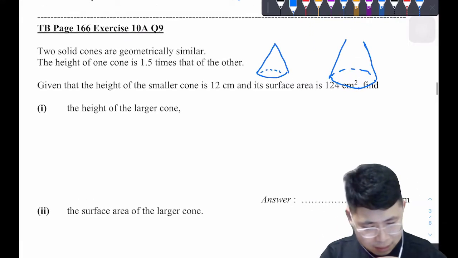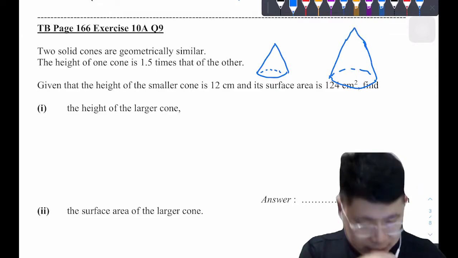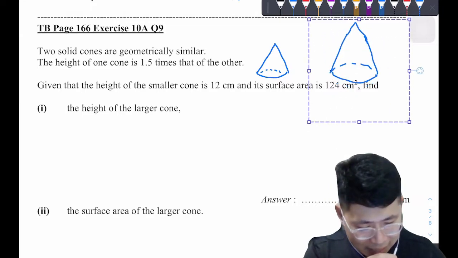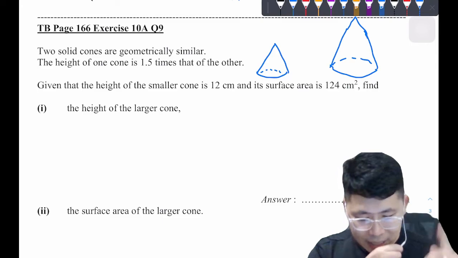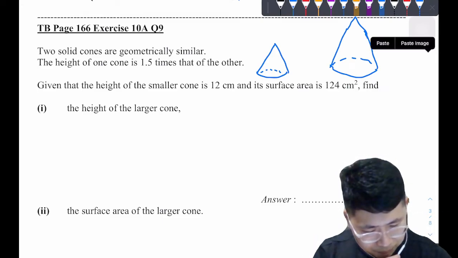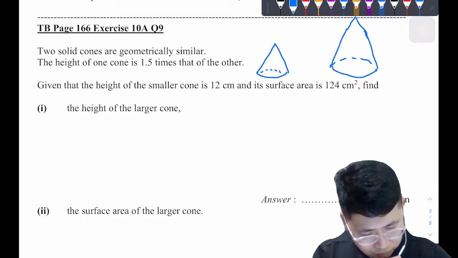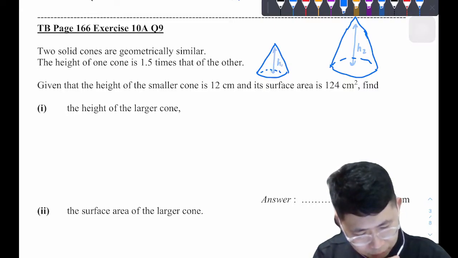Just imagine that they are geometrically similar. The height of the cone is 1.5 times the other. So if this is h2, height 2, and this is height 1, correct?